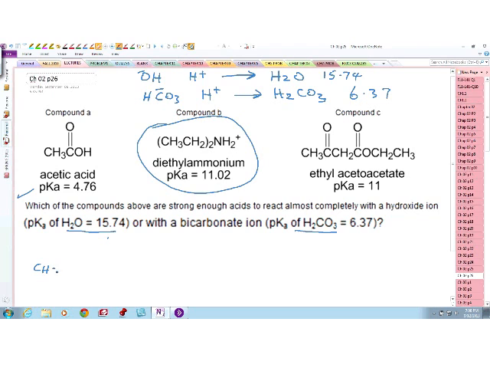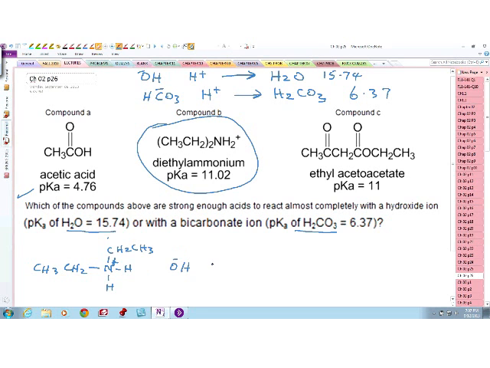So we have this. Another thing they've done here, they did a super condensed formula here. So what I've done here is to write it out in a full structure for you. Positive charge on nitrogen.